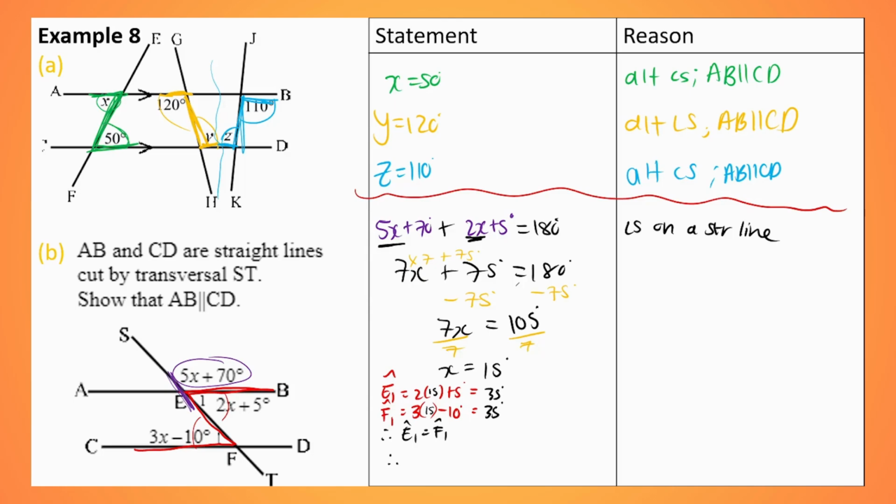We never assumed anything. They did tell us straight lines, so we never assumed anything. We did our algebra and substitution, and then we found that they are equal to one another. This now means that AB is parallel to CD, because remember these were alternate angles. We use the Z, so alternate angles.